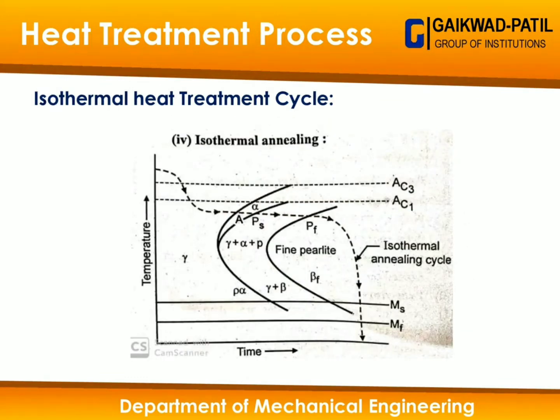Finally there is the isothermal heat treatment cycle, where we finally get pearlite. Here the gamma austenite sample is cooled down to 600 degrees centigrade and kept in isothermal conditions for a longer period of about 3 to 4 hours, due to which the gamma austenite gets converted into the softer crystals of fine pearlite. So here are the four types of heat treatment cycles: martempering, austempering, patenting and isothermal annealing, right?